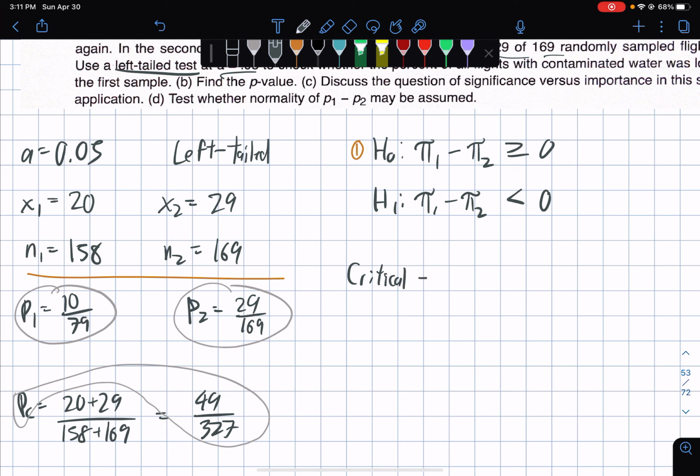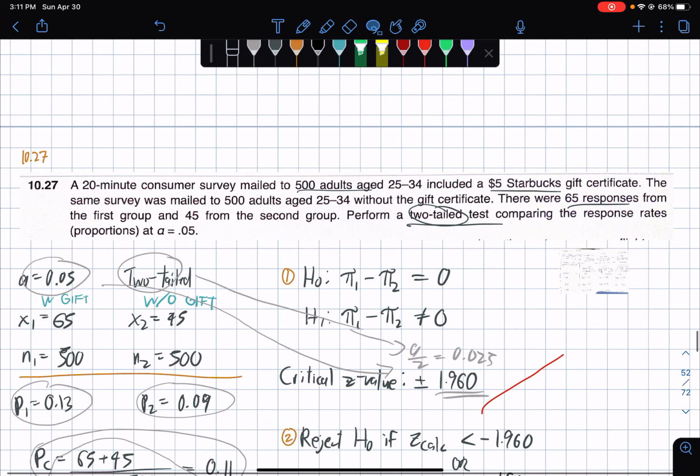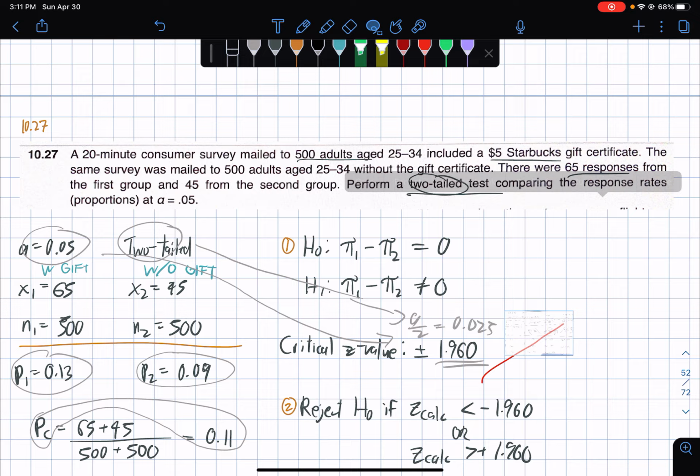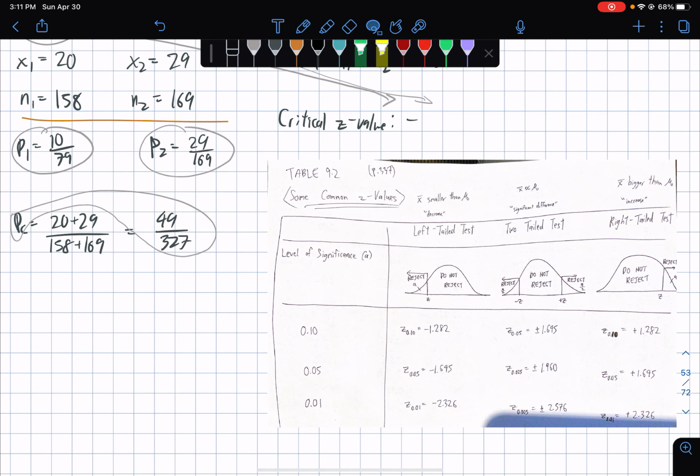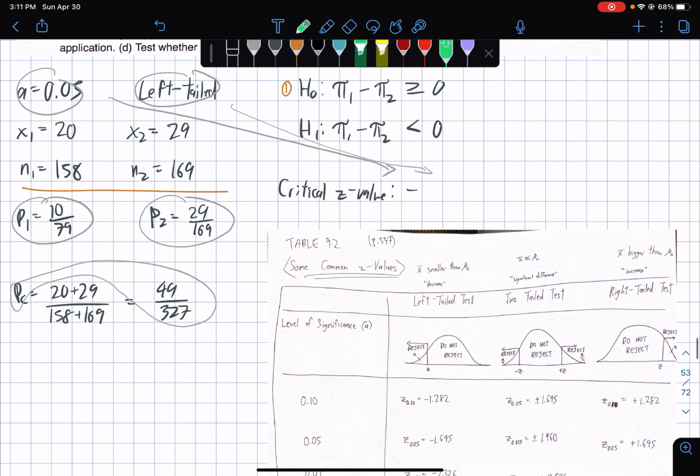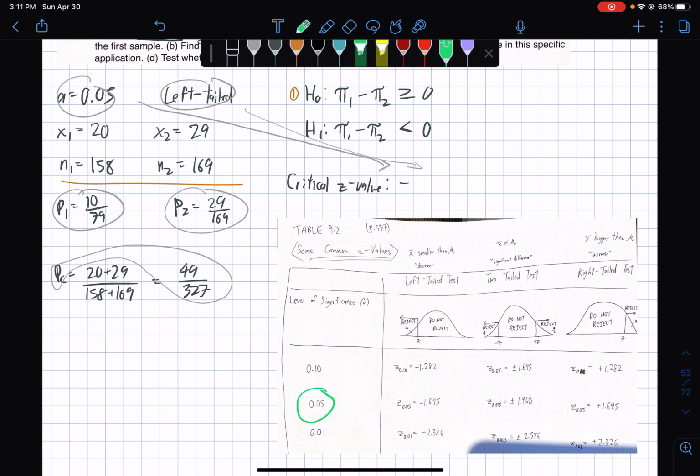Critical Z value. This is negative what? Because it's left tail, we know it's negative. But we haven't found the number yet, so let's use the table from a while ago. So what does it say here? 0.05 and it's left tailed, so it goes here. It's negative 1.645.